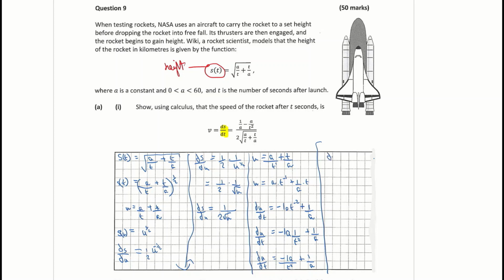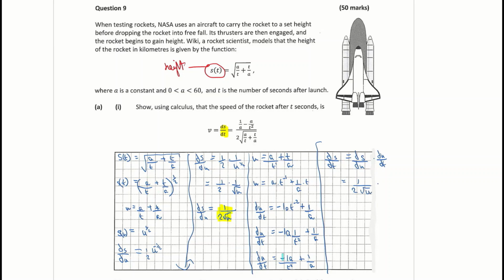So I'm trying to find ds/dt, and ds/dt is found by multiplying ds/du times du/dt. Filling that in, I have my ds/du, which is 1 over 2 root u. I'm going to substitute back in my original value for u in a second. But that's 1 over 2 root u times my du/dt.